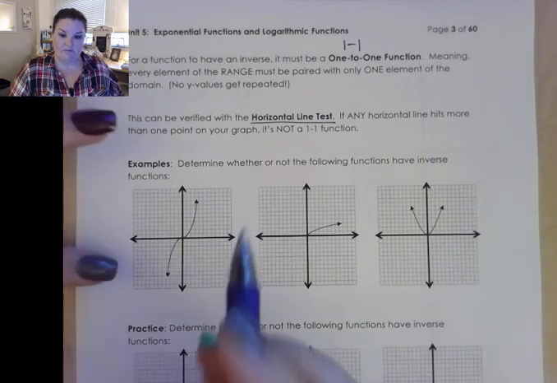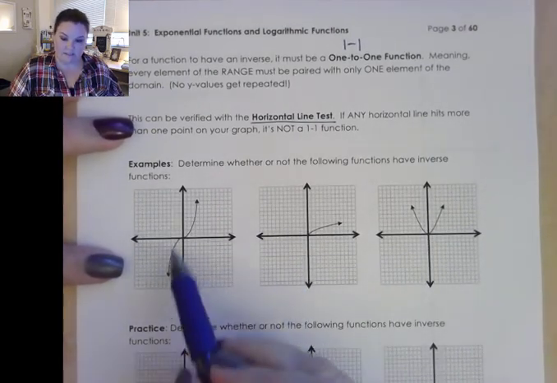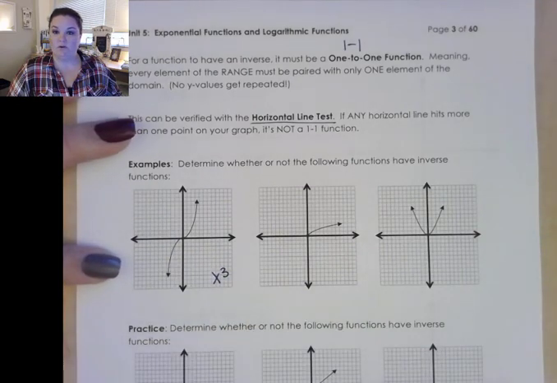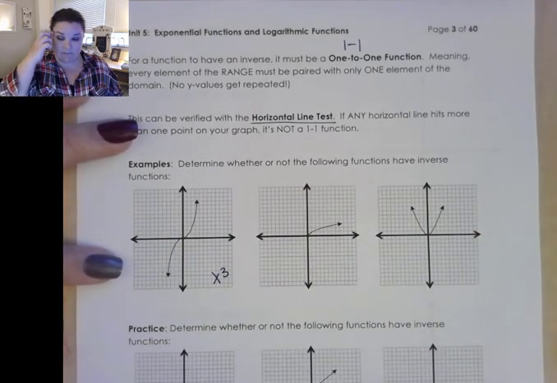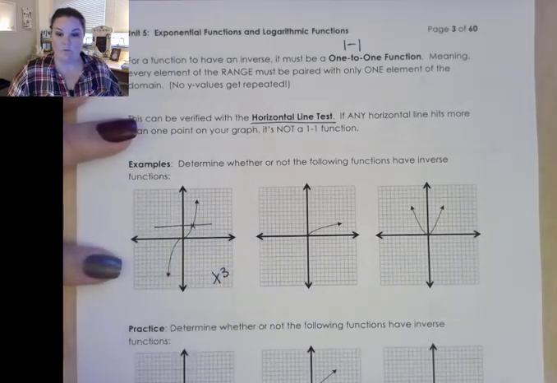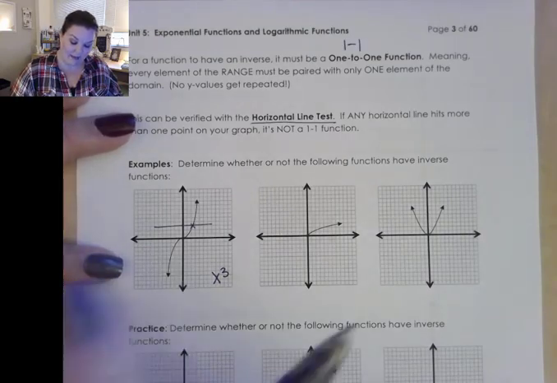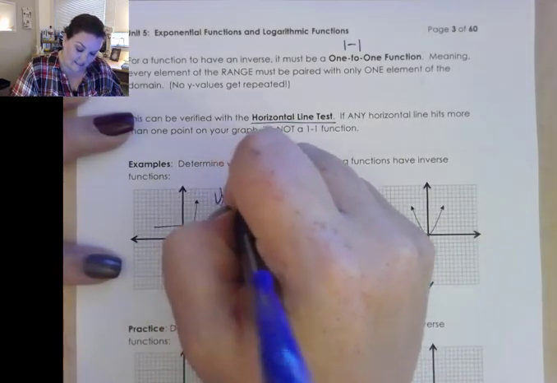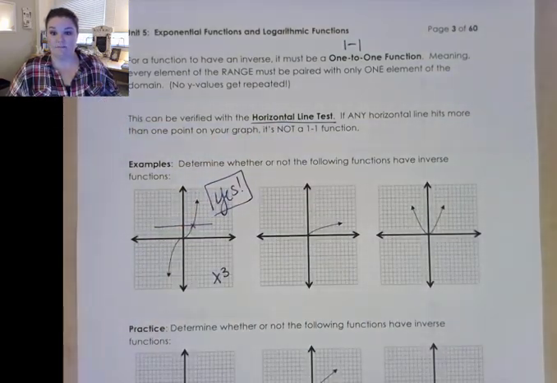So that's all we're going to do. If we look at these functions, this one is the little swooshy x cubed that we just went over on the last page. Notice if I draw a horizontal line anywhere on here, it's only going to hit at one point. So if it only hits at one place, that's good. That means it passes the horizontal line test, which means that yes, it should have an inverse, okay?